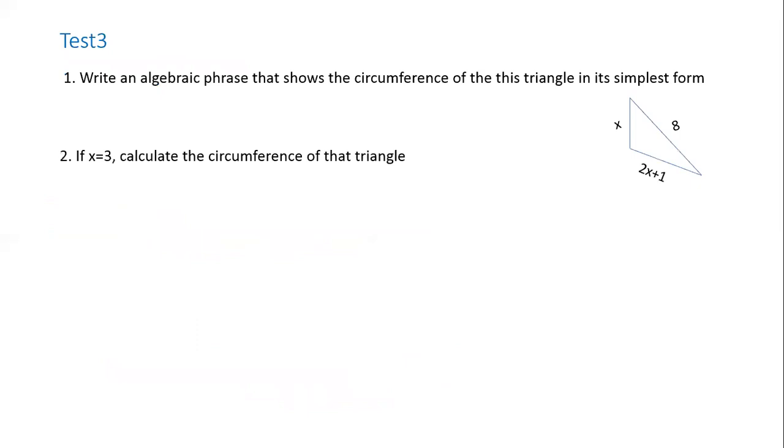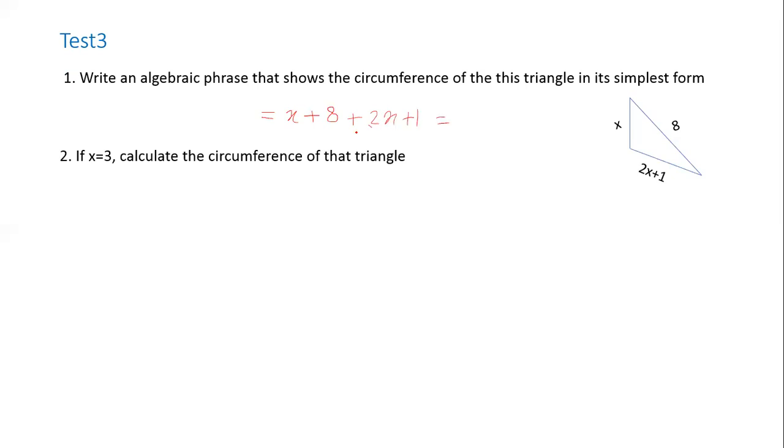The last example, write an algebraic phrase that shows the circumference of this triangle in its simplest form. So we have here the circumference equals the sum of the values that we are given. So it's x plus 8 plus 2x plus 1.